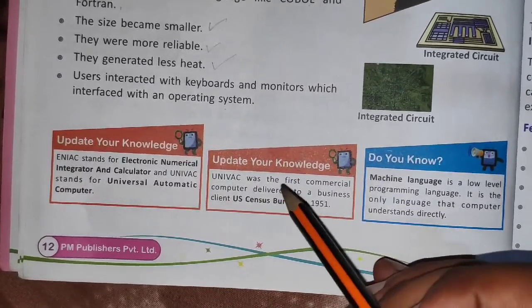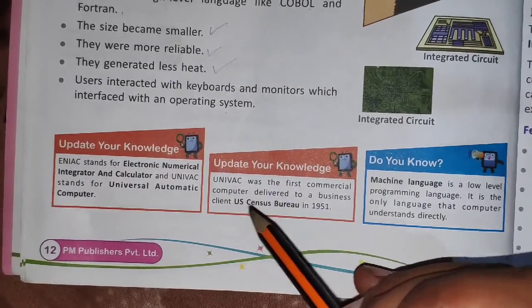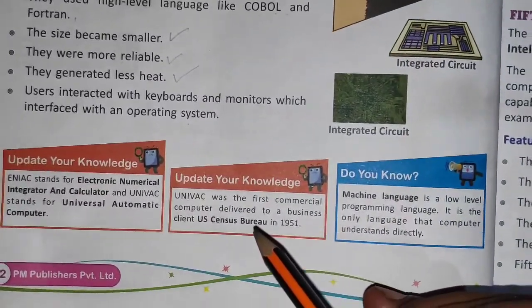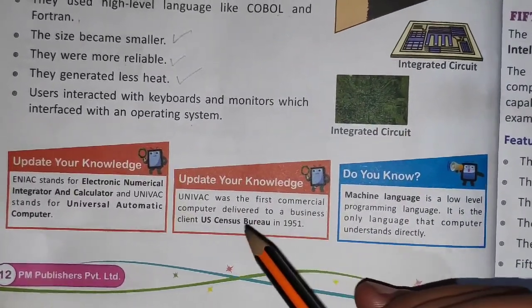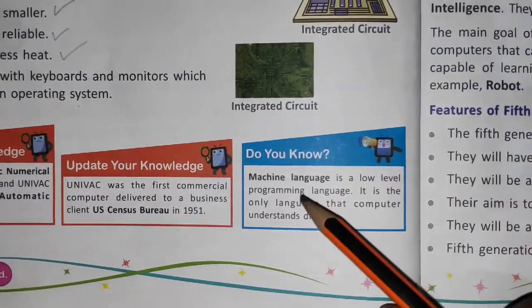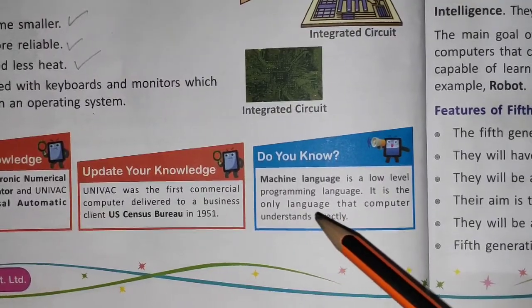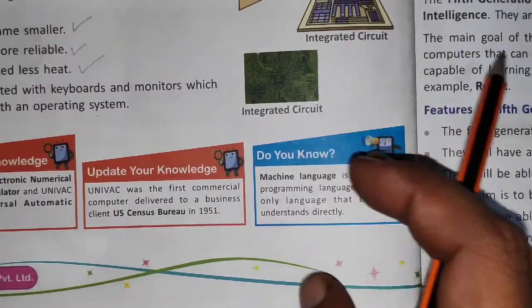So this was the first computer that was given to the Census Bureau in the United States for counting the population. Next, machine language is a low level language, and it is the only language that a computer understands directly.